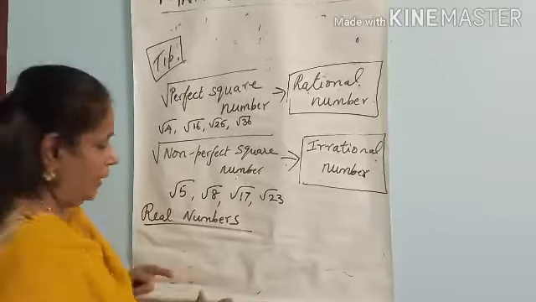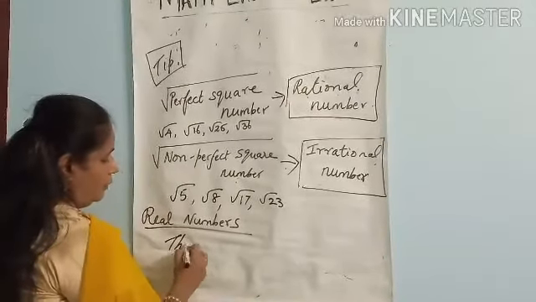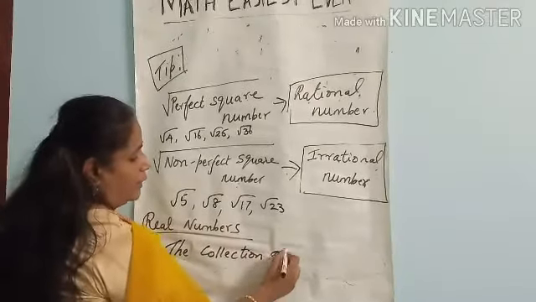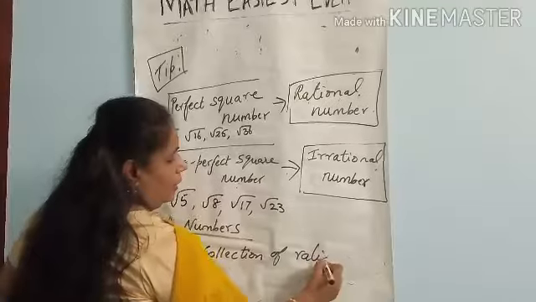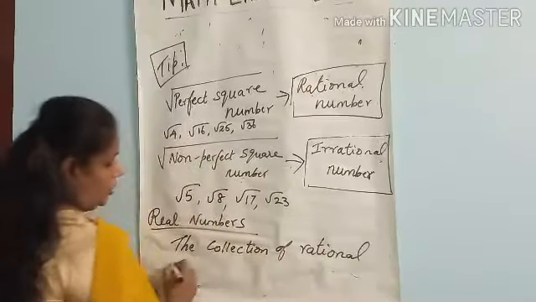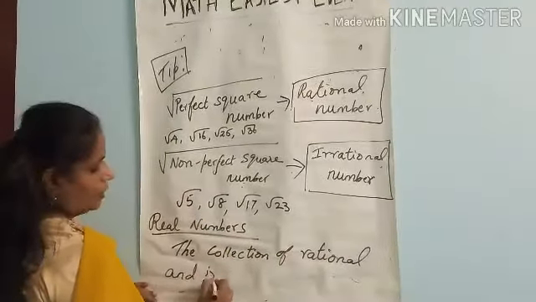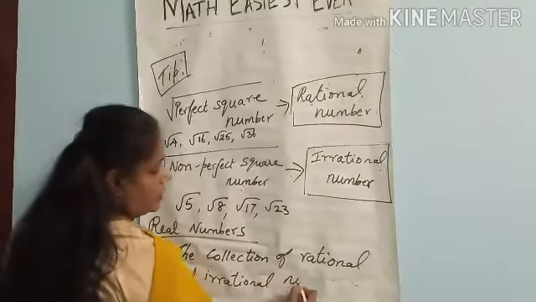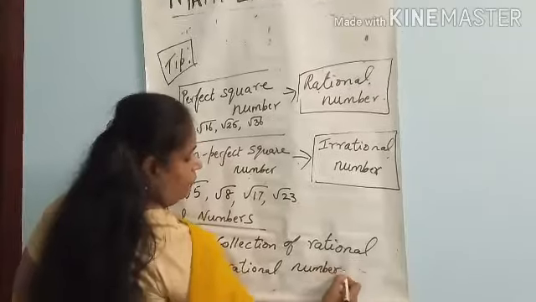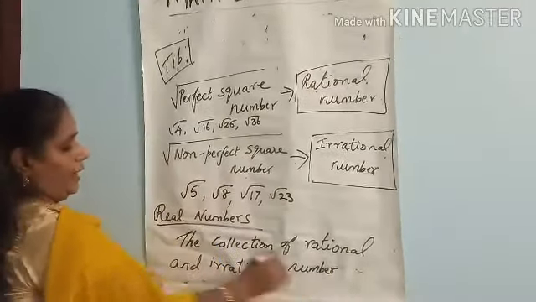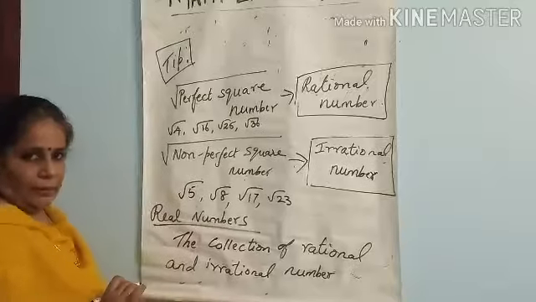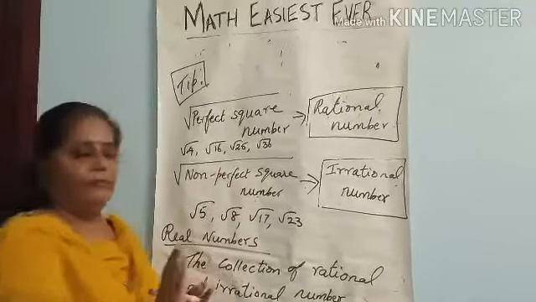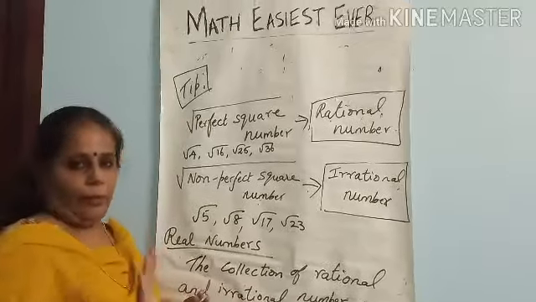So in short, the collection of rational and irrational numbers are real numbers. Okay, children? Make sure that you are thorough with all these main points.